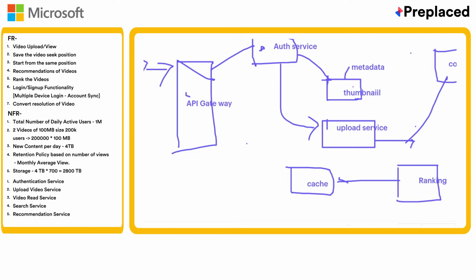It is like warming the cache the moment I log into the system. After that, if the user clicks on any particular video, the cache is already warm, so I'll be getting that from cache. Of course, the first one could be a little slower. The other ones will be relatively faster.